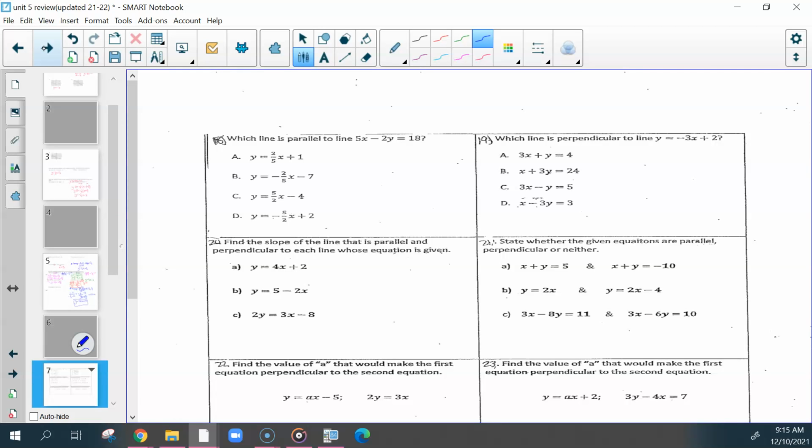We're going to do almost all of these. For 18, because these are all in slope-intercept form, the easiest thing would probably be to just solve the equation I gave you. So subtract 5x on both sides.